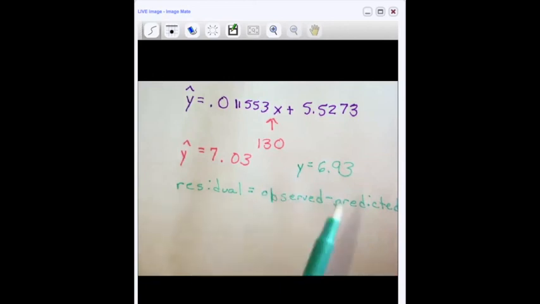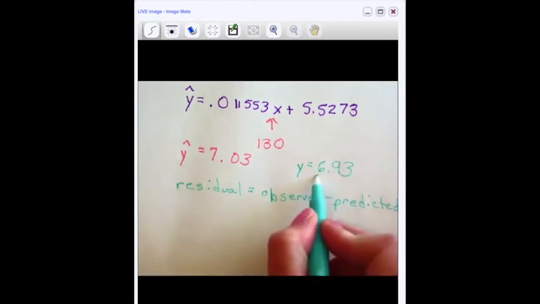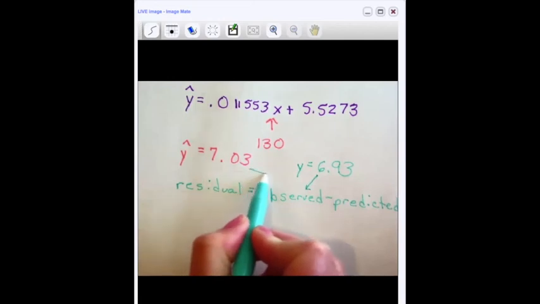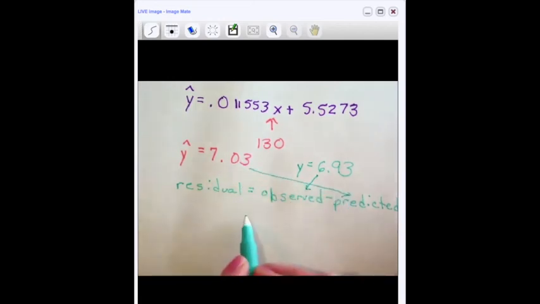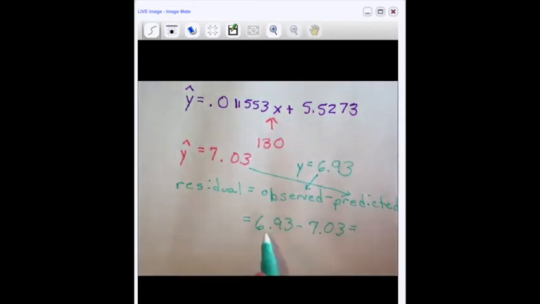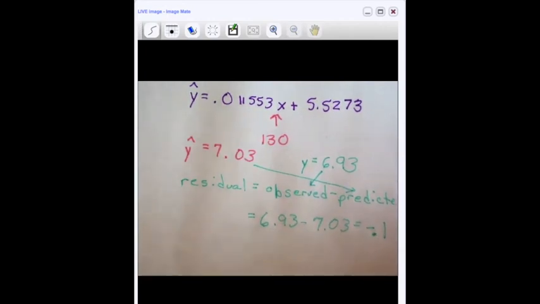We can find the residual here. This is the observed, and this is the predicted. So the residual is equal to 6.93 minus 7.03. And our residual is negative 0.1. So we were really close on that one. The point on the line and the point from our data were extremely close, and that's great.